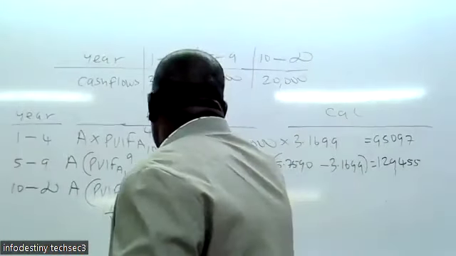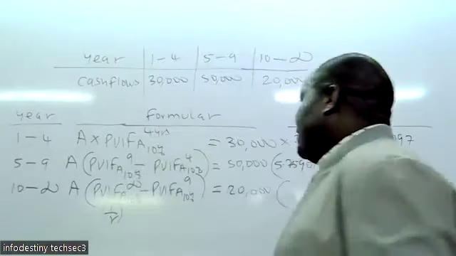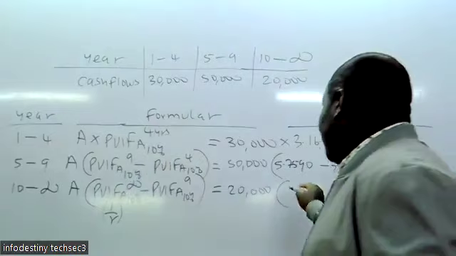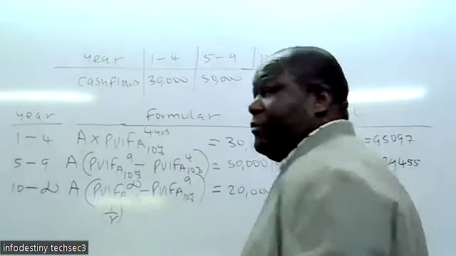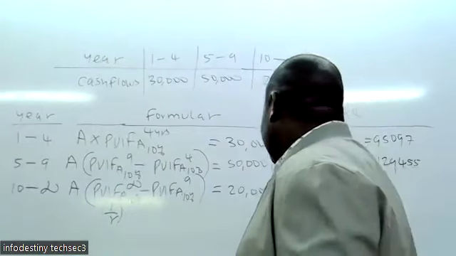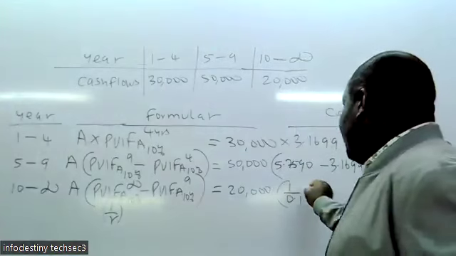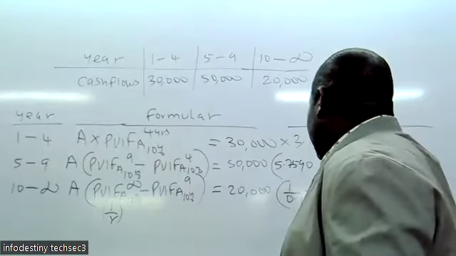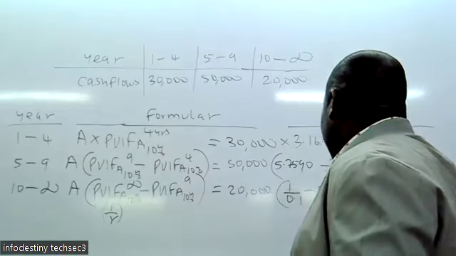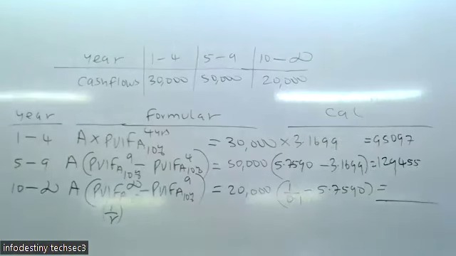So that means we take the 20,000. Where there is 10% up to infinity, it is 1 divided by R. R is the cost of capital, which is 10%, the same as 0.1. Then now you subtract the one for year 9, which is 5.7590. So you get the figure. Then now we should be able to add them together.